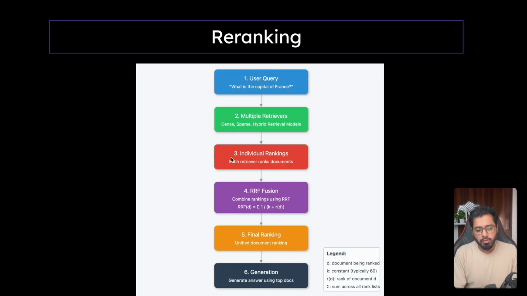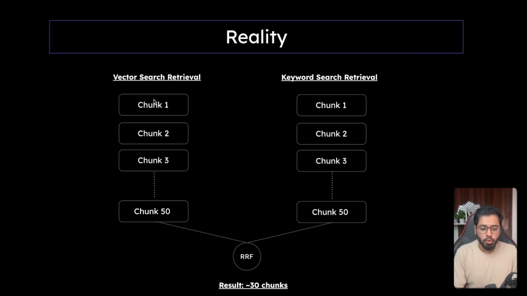So now what do we do? We do a process called reciprocal rank fusion. We've already seen that in the previous video, where we combine the rankings using RRF. We are going to take these 50 chunks and these 50 chunks and do RRF.